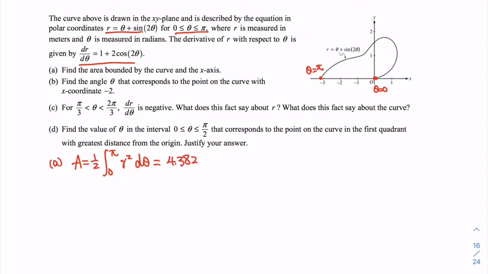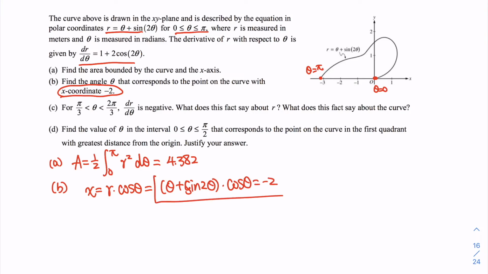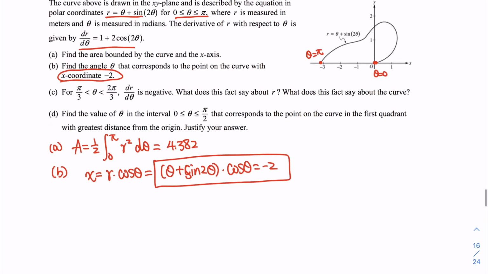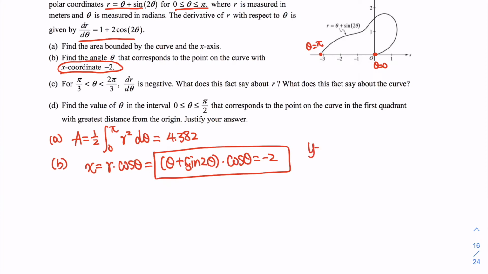4.382. B, find the angle theta where x equals -2. So x equals r times cosine theta. So this gives us theta plus sine 2 theta times cosine theta equals -2. You can plug this into your calculator. Okay, you can plot y equals theta.